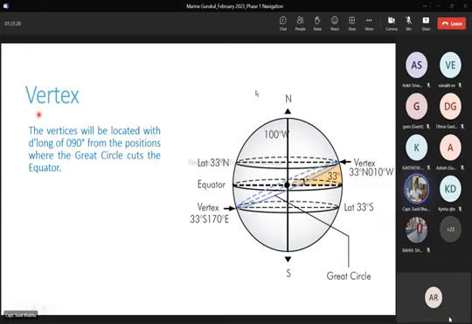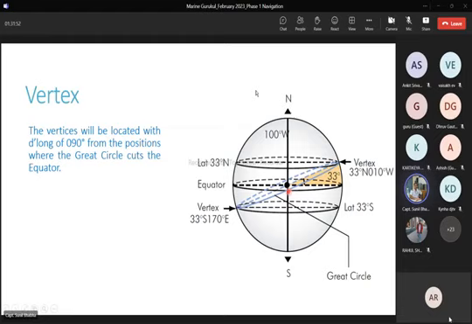Now moving further, two more important properties of the vertex. The vertices will be located with a d-long, difference of longitude, of 90 degrees from the positions where the great circle track cuts the equator. You can have a look at the diagram.